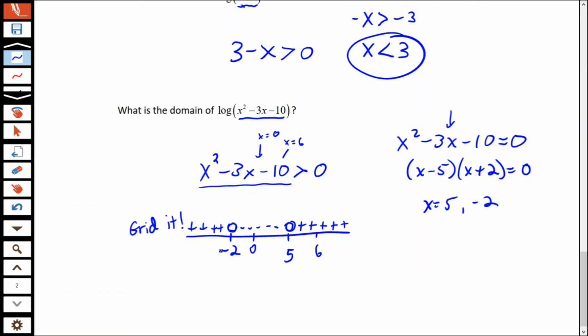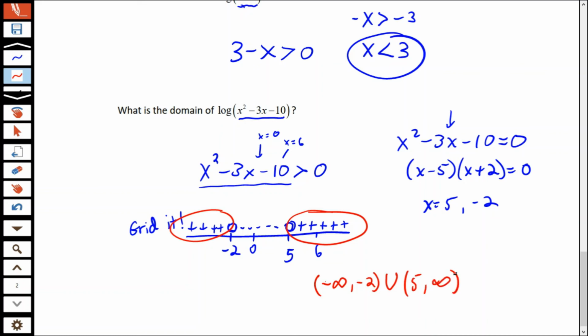And so that helps me with my domain, because I'm looking for where this expression is greater than 0. And when I look at it, I can see it right on the grid. The domain of this log is going to be negative infinity to negative 2. I don't want negative 2 because that's where you're actually equal to 0, and we need to be greater than 0. And then 5 to infinity.